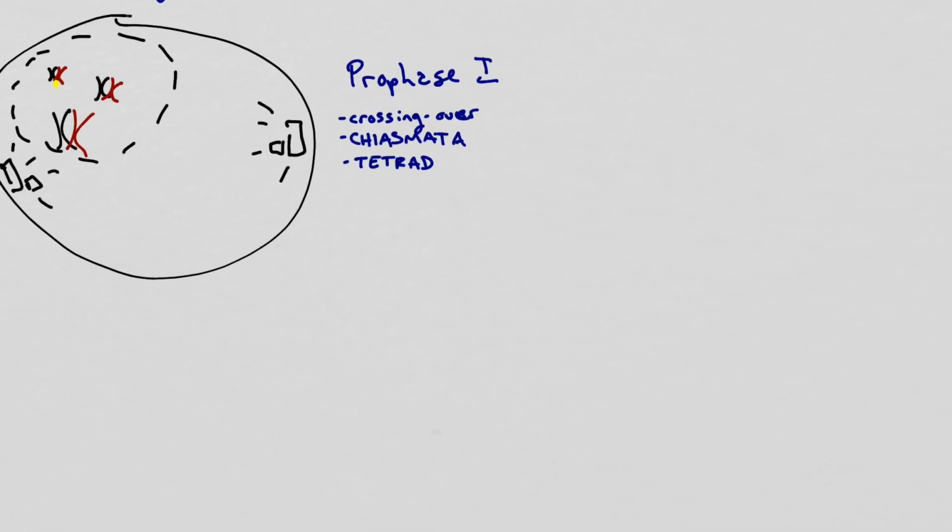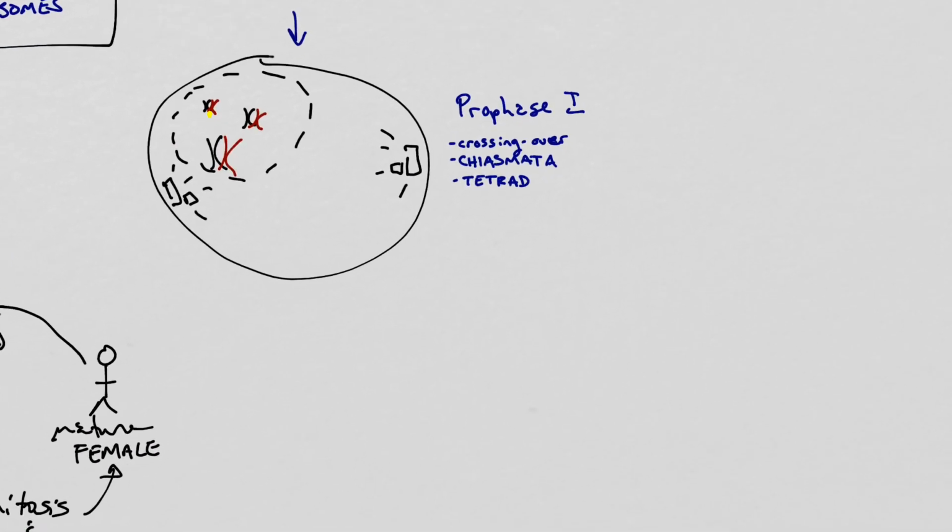Now, there's a really interesting little piece of genetic recombination that happens right here. And sometimes the crossing over results in recombination, which means that sometimes the chromosomes will actually switch little chunks of DNA. So how might this look?